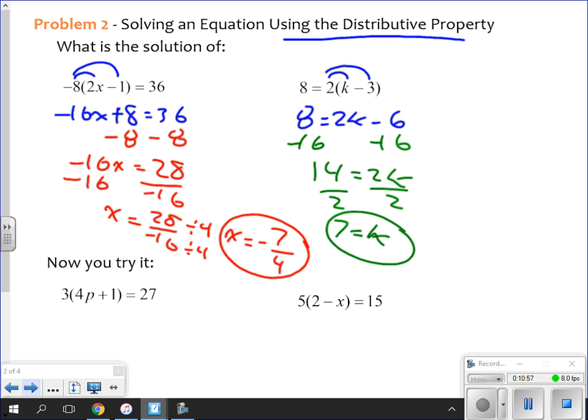And once again, if you wanted to, you could have at this point rewritten it: 2k minus 6 equals 8. And then you would do the same thing. Add 6 to both sides, divide both sides by 2, and guess what? You would still get the same answer. Questions?